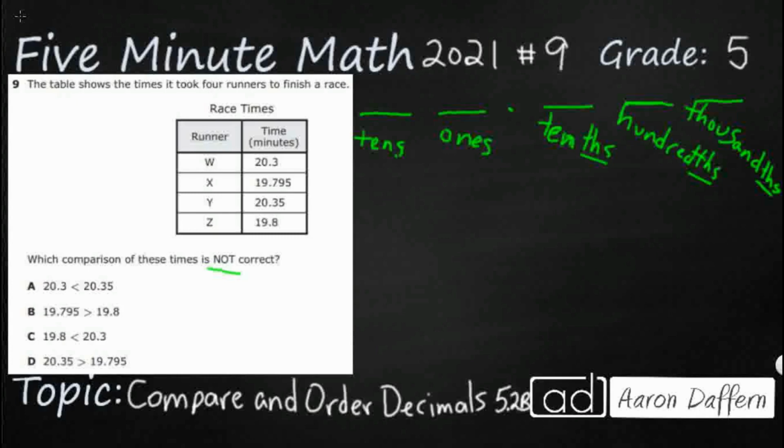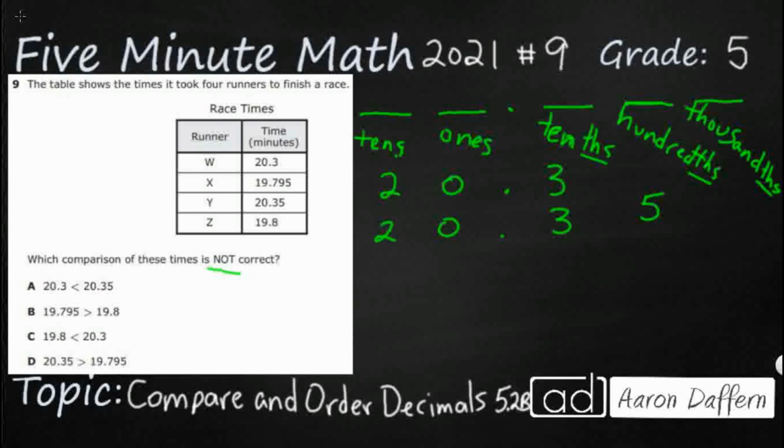So let's see if we can just line some of these up real quick, right? So we've got 20.3, and then we've got 20.35. So it looks almost exactly the same.